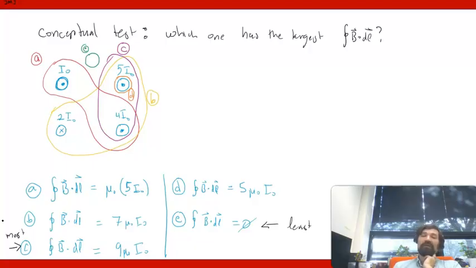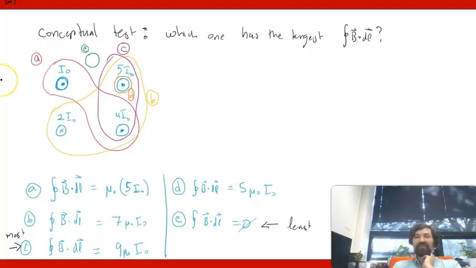So the field may be quite strong here where loop D is. It may be relatively weak on every single point of loop C, but loop C is much larger and it ultimately encloses more total current, so it actually has the largest B dot dl.